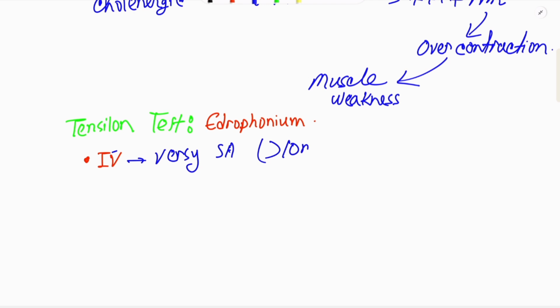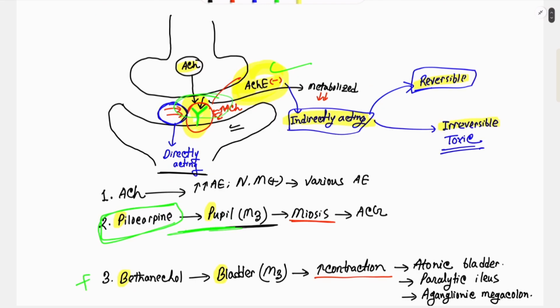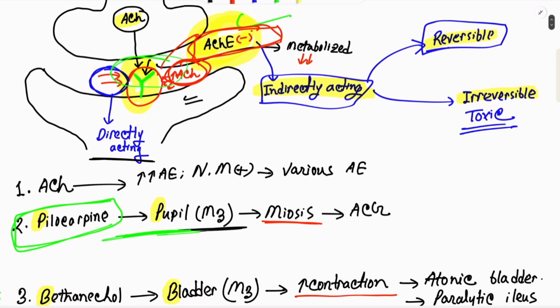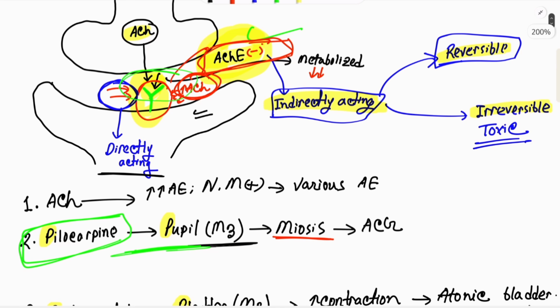So when the drug is given IV, edrophonium inhibits the acetylcholine esterase enzyme, so there is less metabolism of acetylcholine in the synaptic cleft and an increase in concentration of acetylcholine. So the increased amount of acetylcholine will bind to the NM receptor and stimulate it, and temporarily the muscle will contract and muscle weakness will be gone.